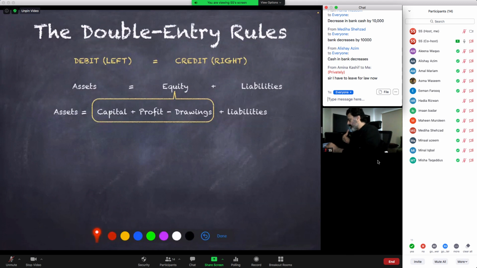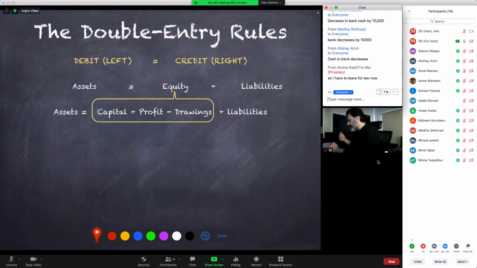So your equity is your obligation towards your owner, and that obligation will increase because the owner contributed initially. And then profit also, अगर आप कोई बिजनेस में प्रॉफिट बनाएंगे तो वो उससे भी आपकी obligation owner की तरफ increase कर जाएगी. So that will also be part of the equity. That's why we have a plus sign over here.